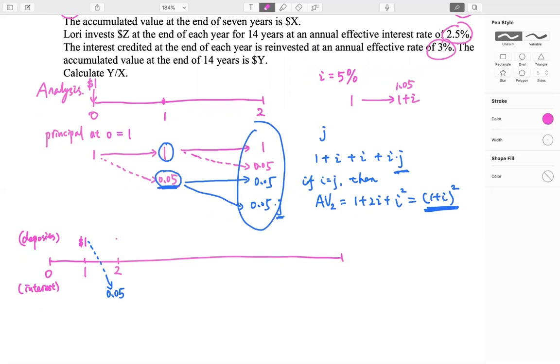So at this point, the total principal is $2. The first dollar comes from the first deposit, and then she adds another $1. So now at time 2, her principal is $2.